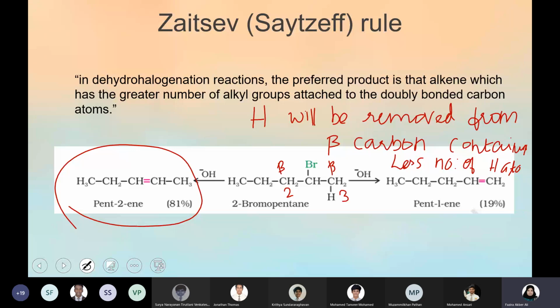So that's what I have to discuss in case of elimination reaction. Ma'am, so there's only one type of elimination? Yeah. Okay. Dehydrohalogenation will follow beta elimination. This particular reaction, it is beta elimination.